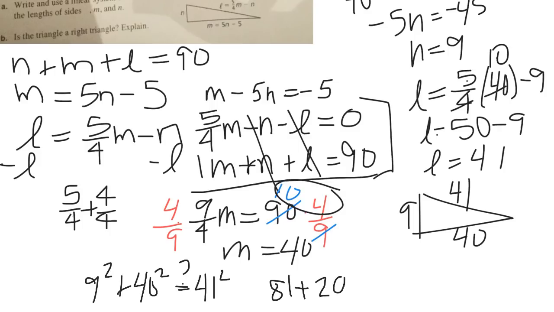I don't know what I was thinking. 1600 equals, let's look at my calculator. What is 41 squared? 1681. So is this true? Sure is. So yes, we can say this is a right triangle.